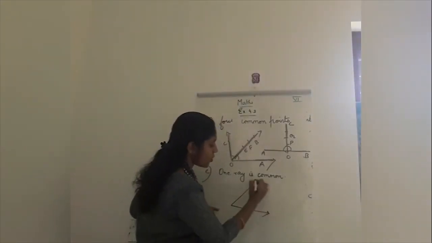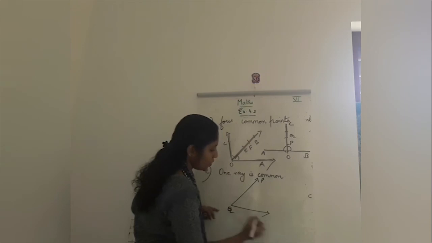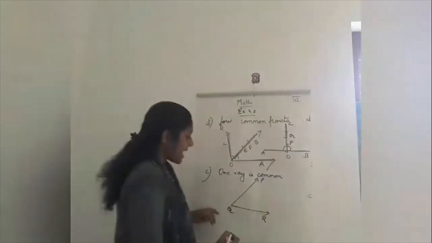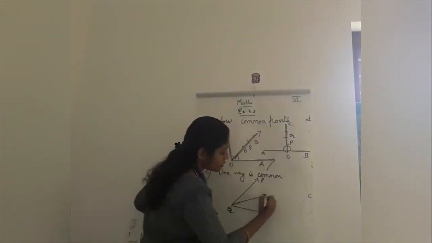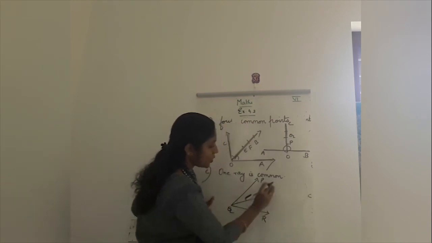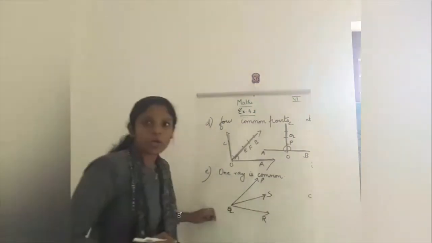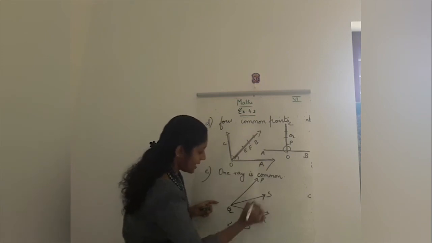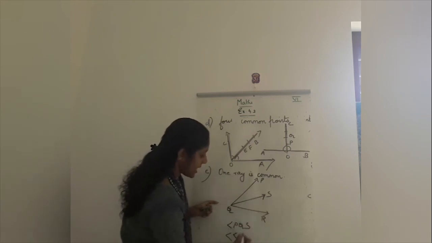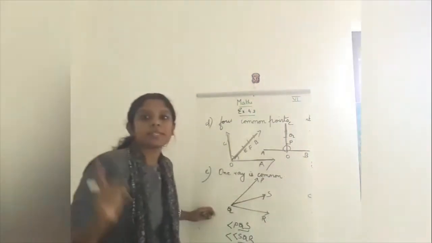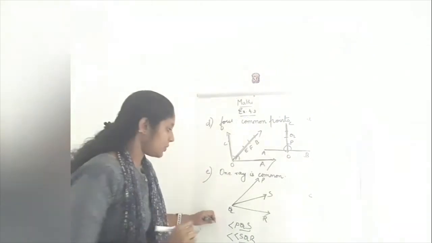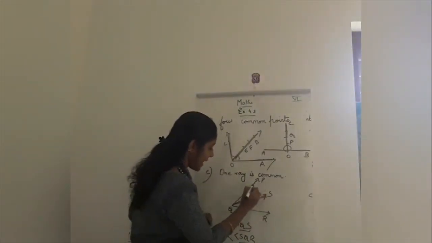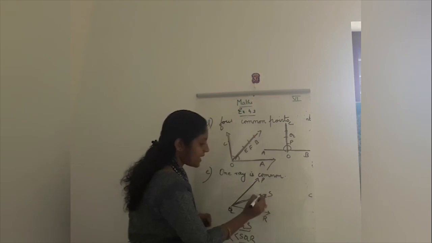I am going to draw one angle, PQR, and a ray called QS. So here one common ray: angle PQS is one angle, and the same way angle SQR, with QS as the same common ray.